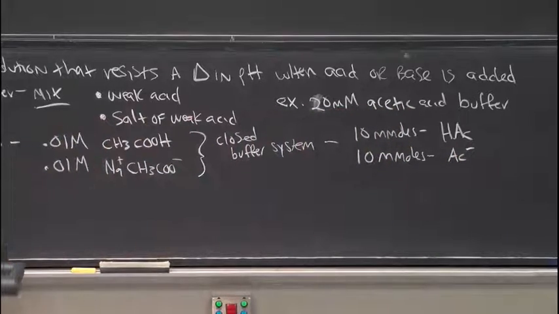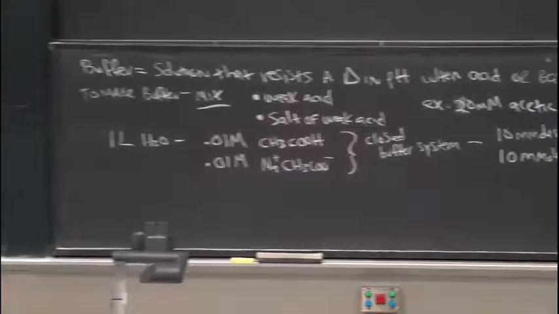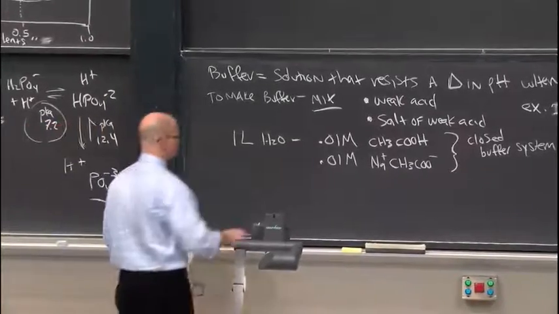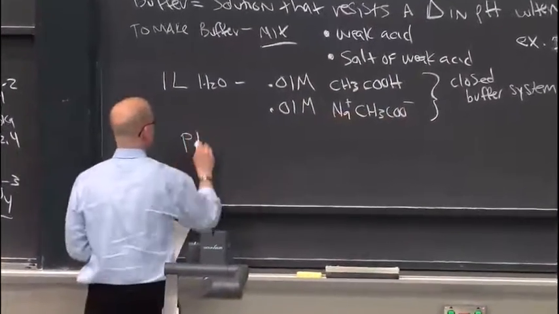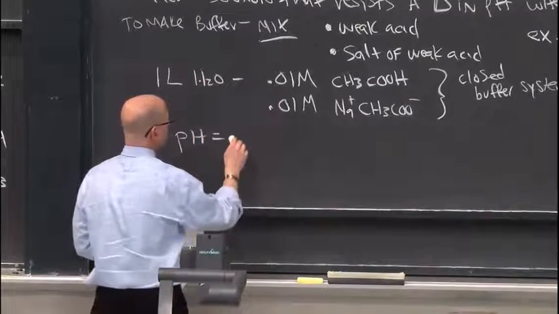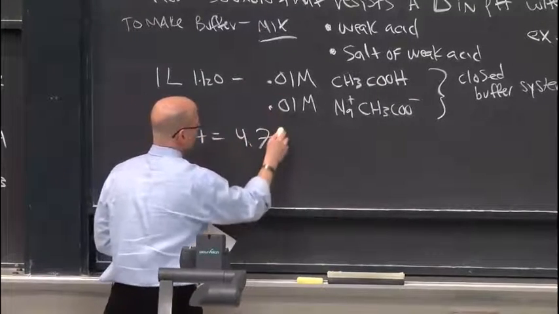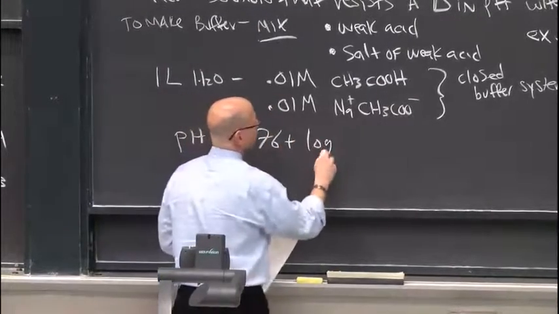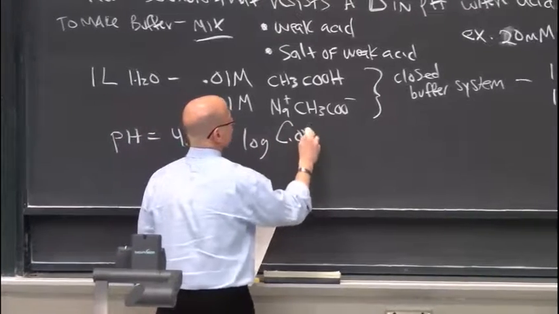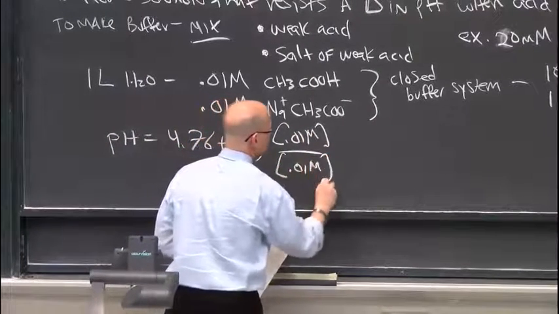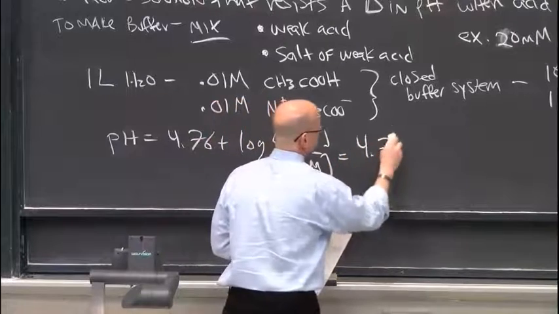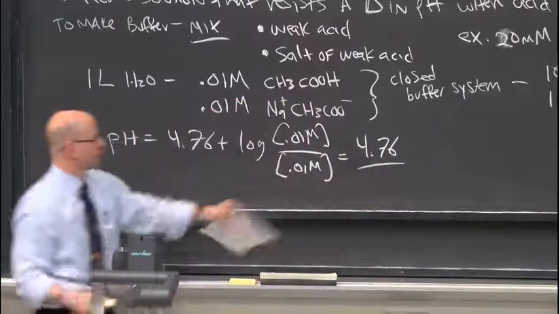Now, let's add a strong acid to this. And you know what the pH is, right? The pH for this solution that we just made up is equal to the pKa 4.76 plus the logarithm of the two concentrations, 0.01 molar divided by 0.01 molar, and that's 4.76, right? Because this is 0.